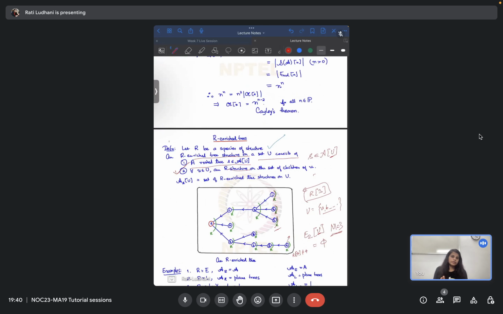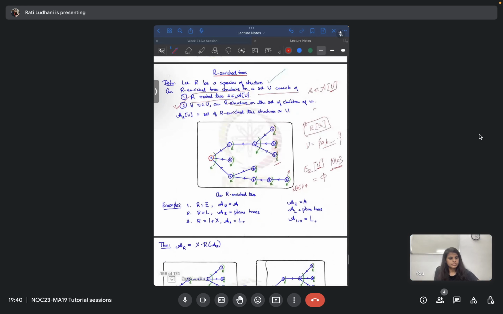So whenever you consider any R-enriched trees, R of empty set should be non-empty. That is the one condition imposed by the first and second conditions. Is that clear? I can explain again if you need.